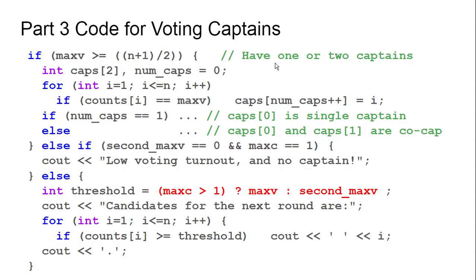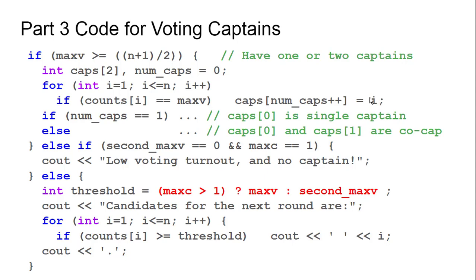Once I know there's a captain, there may be 1 or 2 captains. So I declared an array of size 2, and I use an index into this array. I scan through all the vote counts. If any player's vote equals maxv, then that is one of our captains.